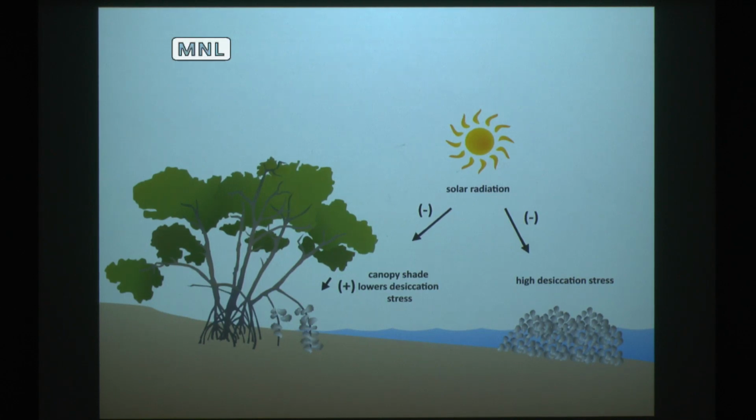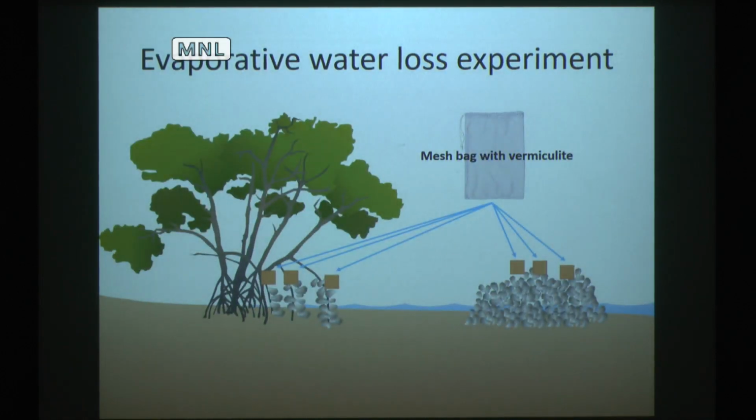But I wanted to look more into this mechanism, and so I conducted an evaporative water loss experiment, which consisted, as you see, of using these small jewelry mesh bags that I filled with vermiculite, which is a mineral mix used for potting plants because it retains water.